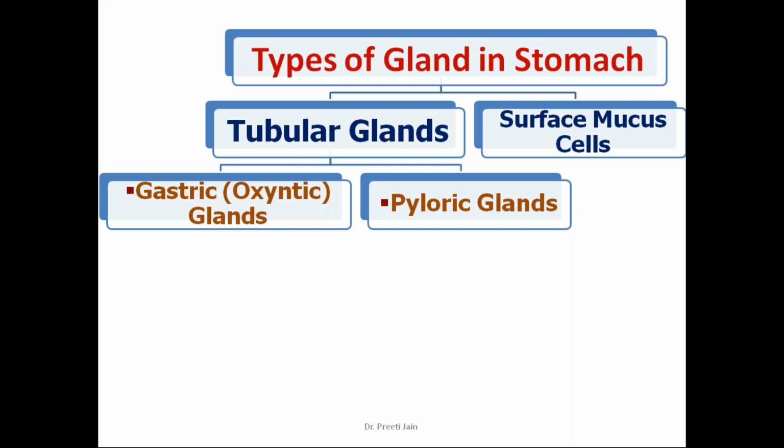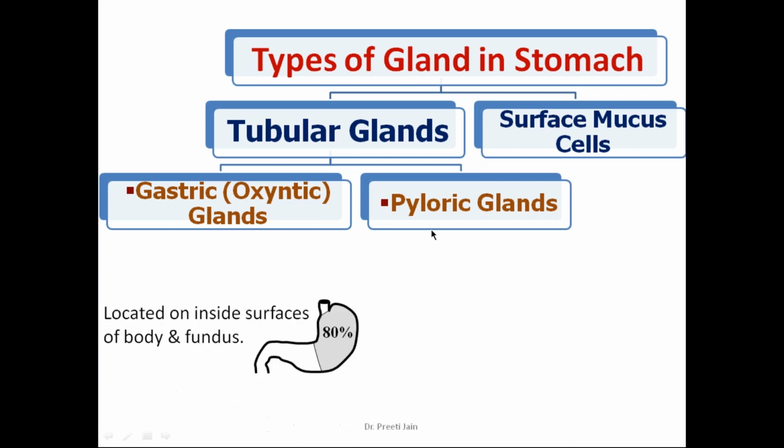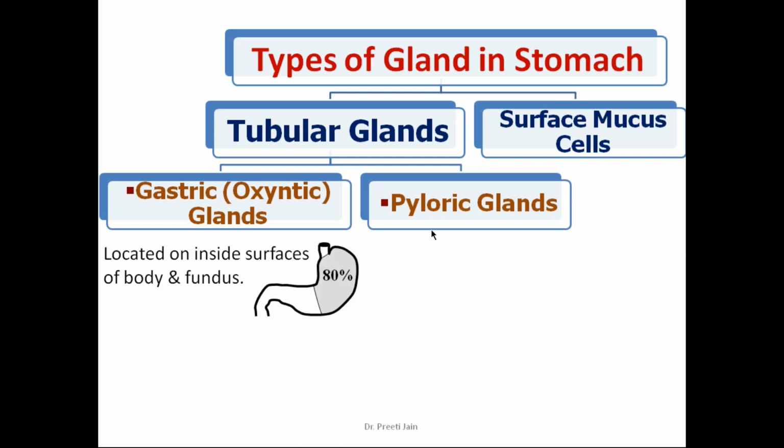In the tubular glands, there are 2 types: one are the gastric or the oxyntic glands, and the second are your pyloric glands. The gastric glands are located on the inside surfaces of the body and fundus. The body and fundus make up 80% of the stomach, so gastric glands are located in these parts.